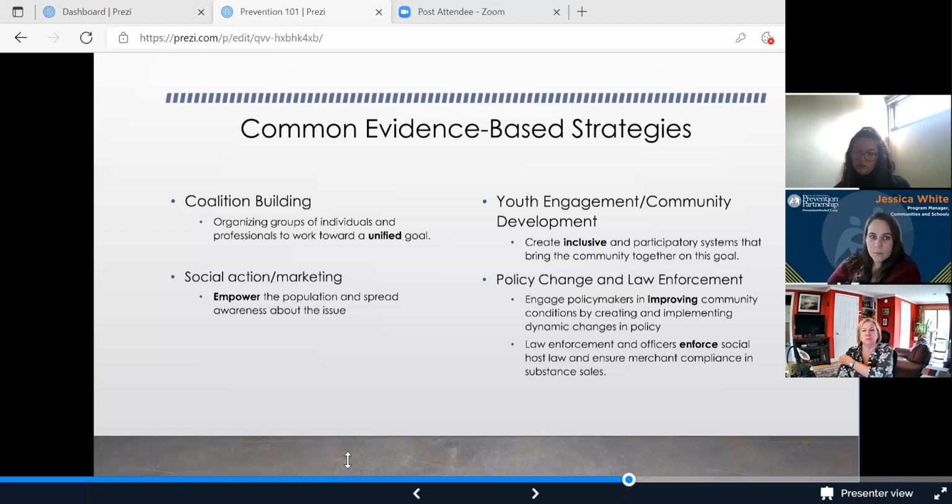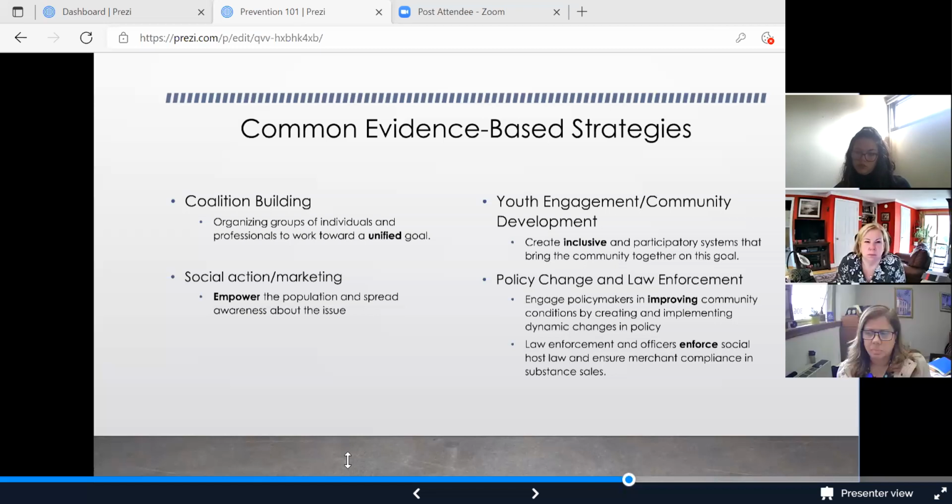In different policies going forward, we want to engage our policymakers in improving community conditions, whether that is by creating things such as smoke-free restaurants or mandating marijuana community ordinance restrictions. We want to be able to implement dynamic changes in our policy.